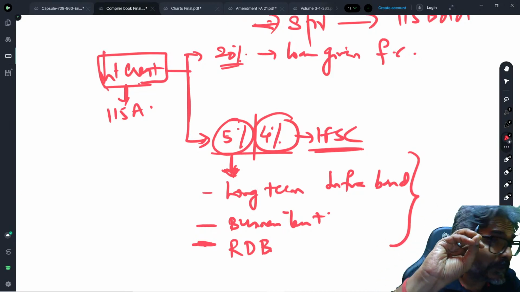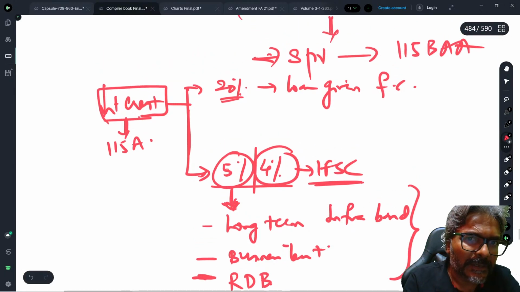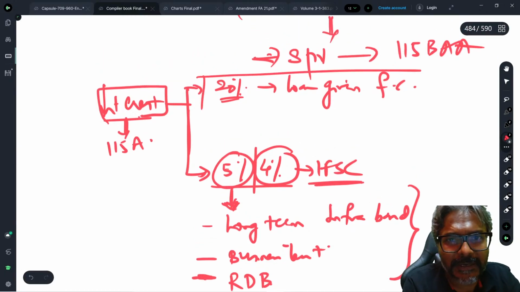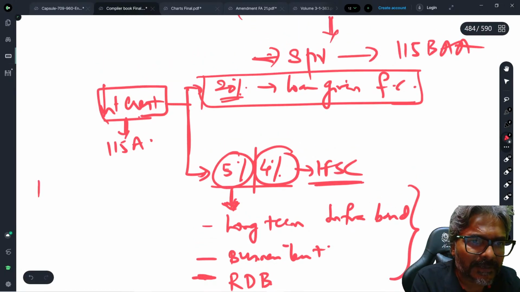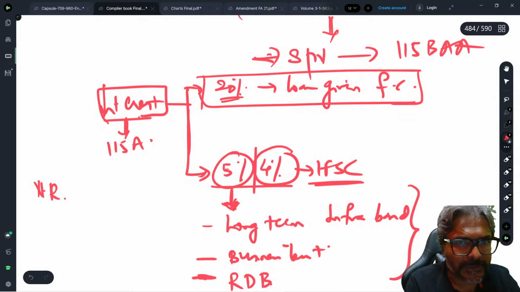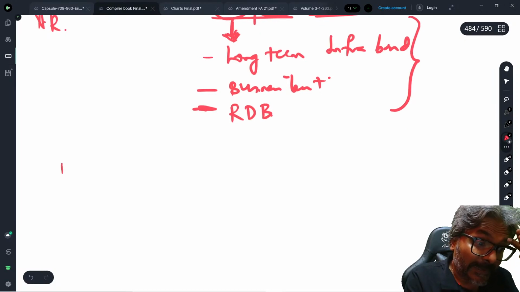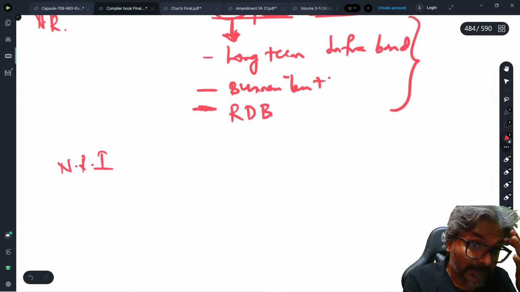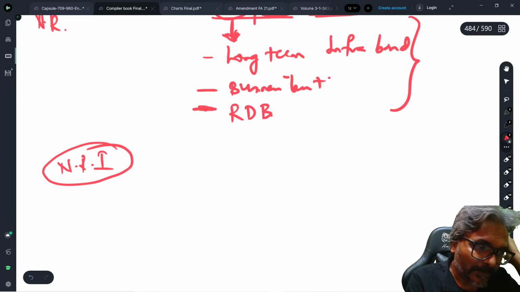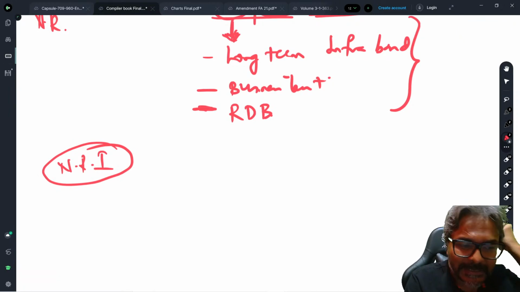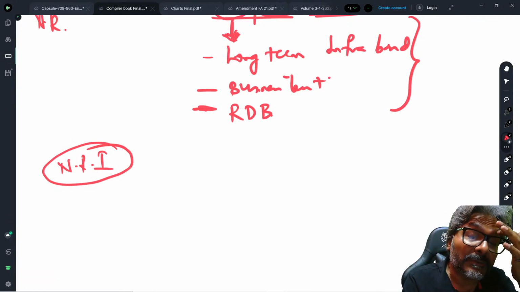Now they can put a googly in the question, students. The googly in the question would be that the non-resident is earning, be careful over here, students, just typical cases of NRI, non-resident. In the past attempt, what they have done, I'll just quickly tell you.